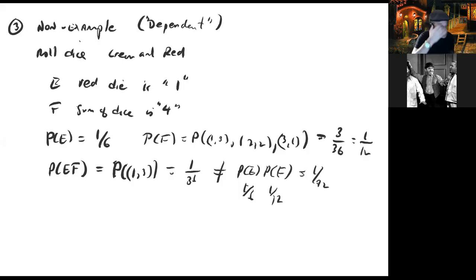So the next thing I'm going to do is talk about some properties and then generalize the notion of independence to more than 2 events. Okay, so here are some basic properties of independent events.